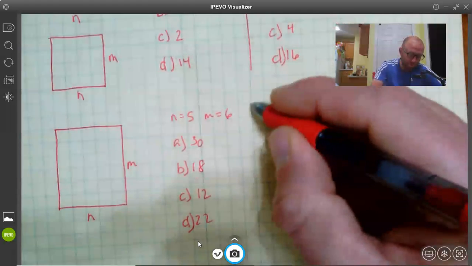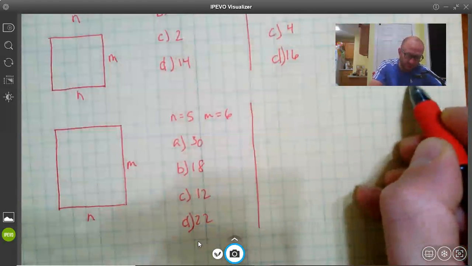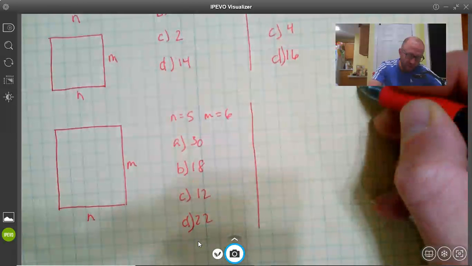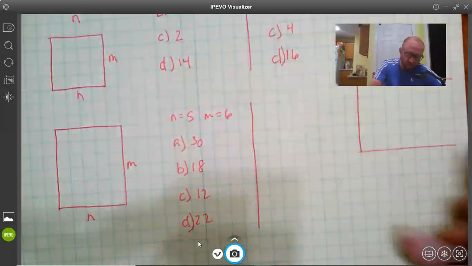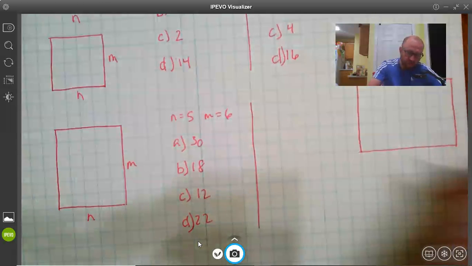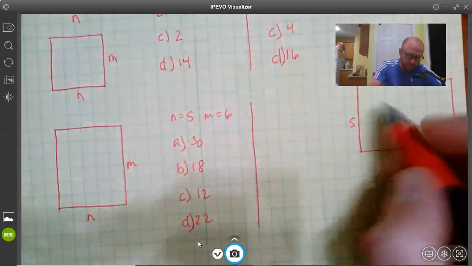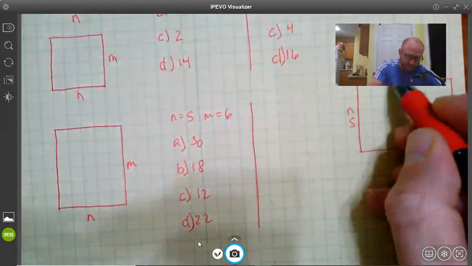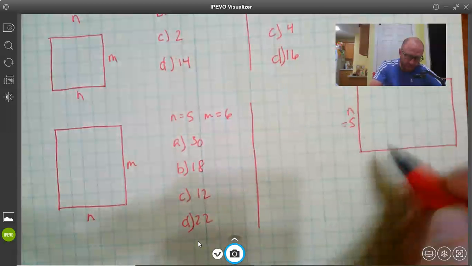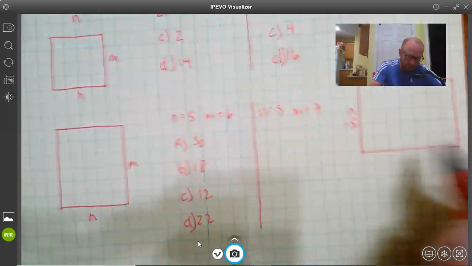Let's look at one more. Let's do 5 and 7, so n equals 5 and m equals 7.